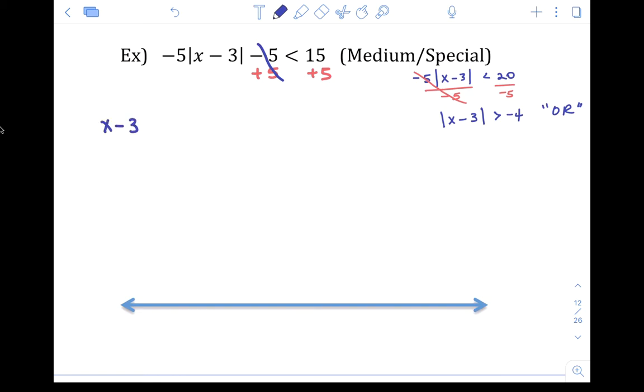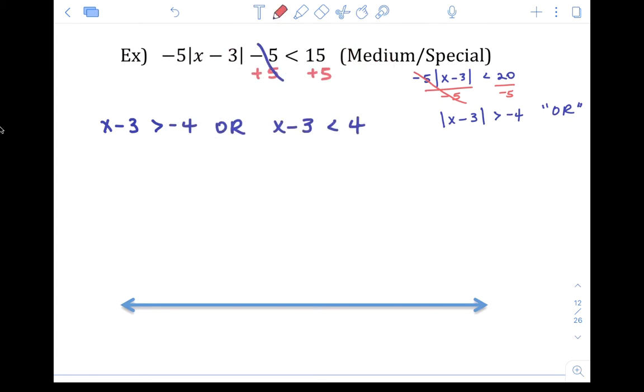We have x minus 3 is greater than negative 4, or x minus 3 is less than positive 4, because we multiplied one side by a negative 1, and then that switched the symbol and the sign.